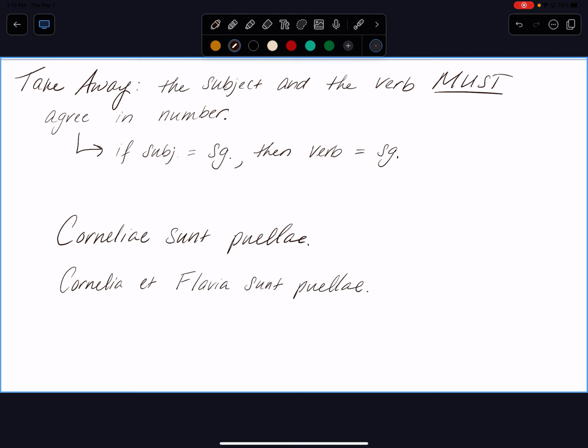Yes. Cornelia and Flavia are two people, right? So technically we have two subjects, which means it is plural. So it does check out with subject-verb agreement. Good. Okay. Does this make sense? All right. End of lesson.